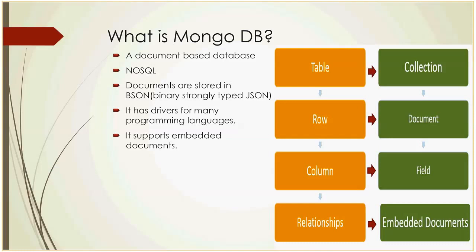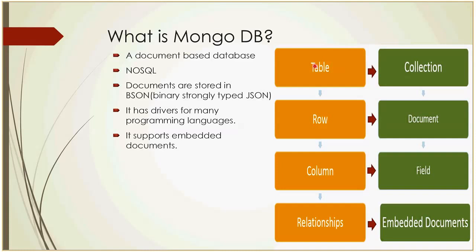So let me get my laser pointer here. On the left hand side, I have the SQL terms like table, row, column, and the foreign key, primary key relationships and all that stuff. And on the right hand side, I have Mongo relevant terms. A collection in Mongo refers to the same thing as a table.